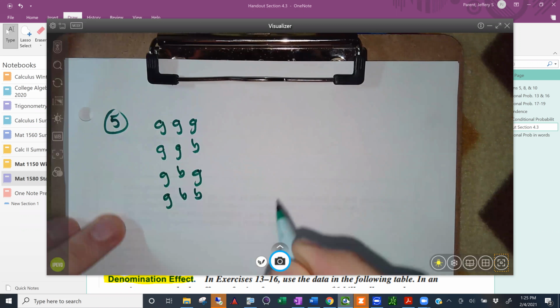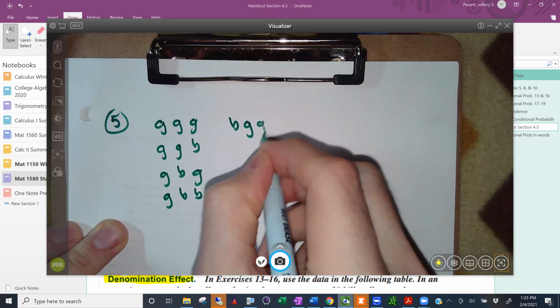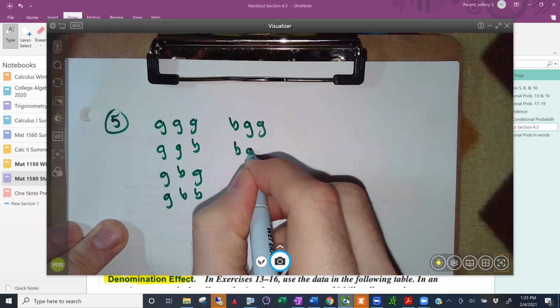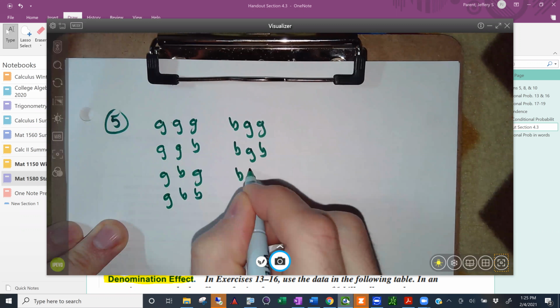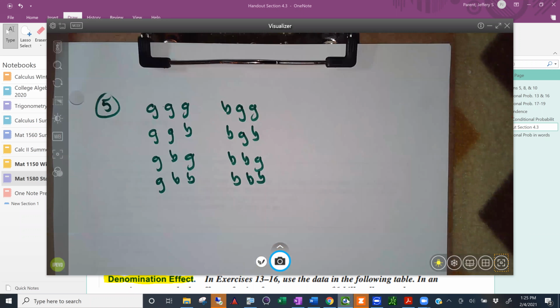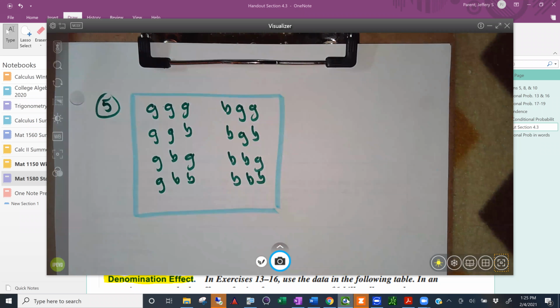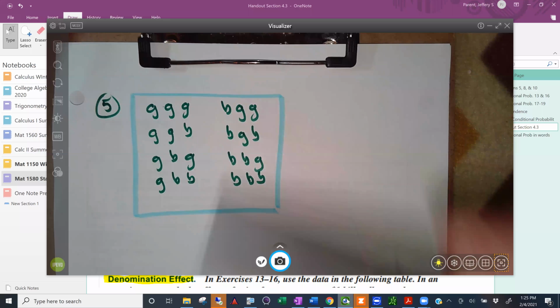You could also have boy, girl, girl, boy, girl, boy, boy, boy, girl, and boy, boy, and boy. That's your sample space. Now, all of these things are equally likely. And that's only because the probability of boys and girls is the same. At least we're assuming that to be true in this case.